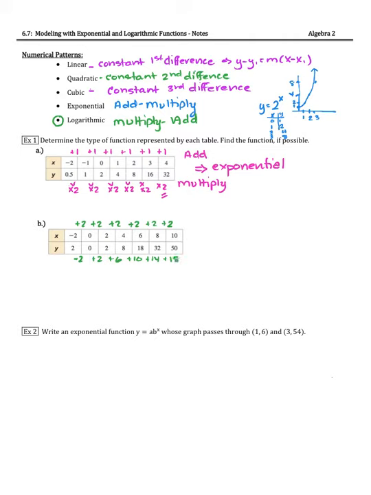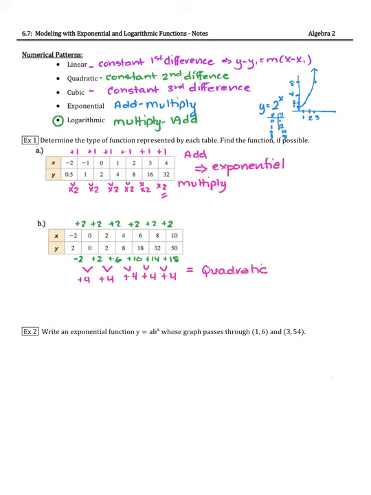It's also not exponential because we're not multiplying. And remember, multiplying, you can multiply by a fraction. So basically multiplying or dividing would be the same thing, but we have neither here. So let's take our second difference. This is going up by 4, up by 4, up by 4. So this is characteristic. The second difference is constant, so that means we have a quadratic.